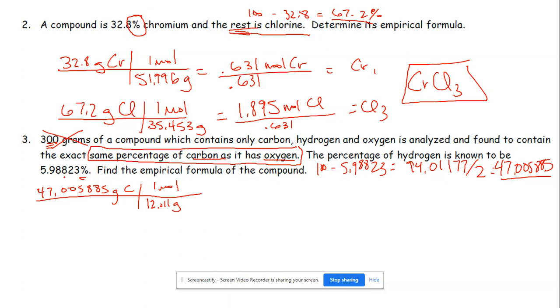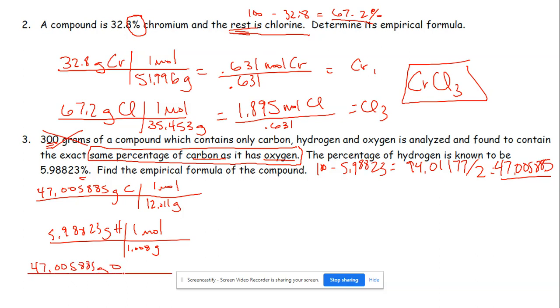Let's do our hydrogen next. 5.98823 grams of hydrogen, 1.008 grams per mole of hydrogen. And then oxygen, 47.005885 grams of oxygen divided by, oh dear, I can't write any lower on my screen. We're going to go sideways. 15.999 grams per mole of oxygen.